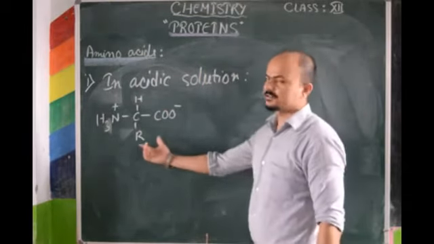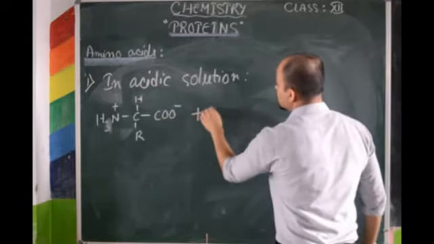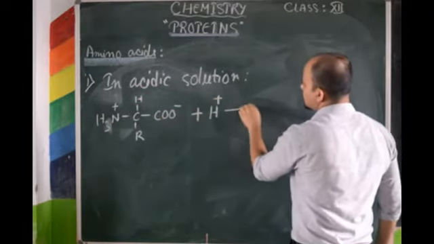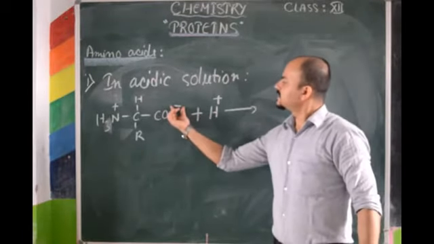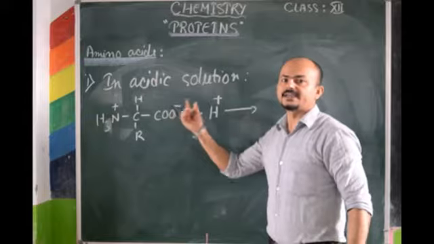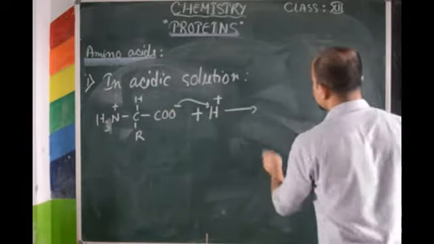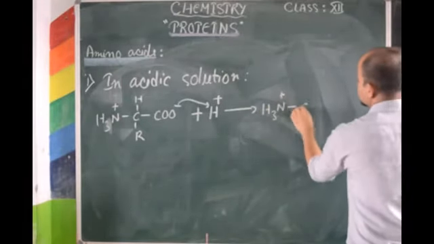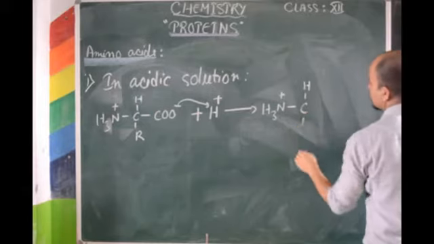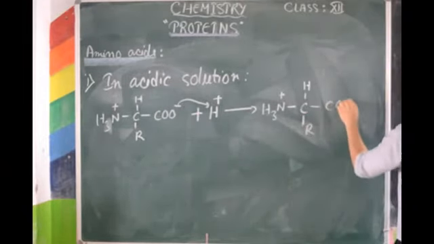Yes or no? This is the zwitterionic form. Now, acidic solution means H plus ions are available. This H plus ion will be taken by this COO minus. Please remember this. As a result, you have NH3 plus, CHR, and here you have COOH.